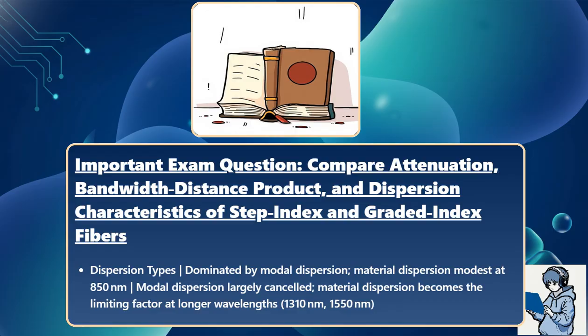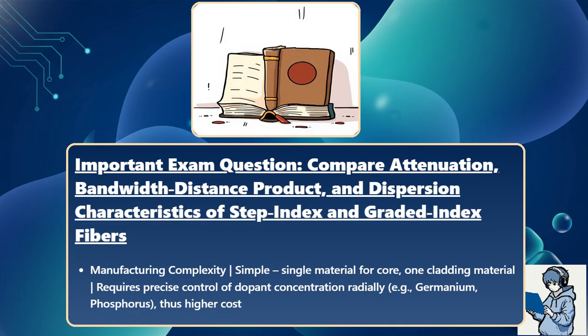Modal dispersion largely cancelled. Material dispersion becomes the limiting factor at longer wavelengths, 1310 nanometers, 1550 nanometers. Manufacturing complexity. Simple single material for core, one cladding material. Requires precise control of dopant concentration radially, for example germanium or phosphorus, thus higher cost.